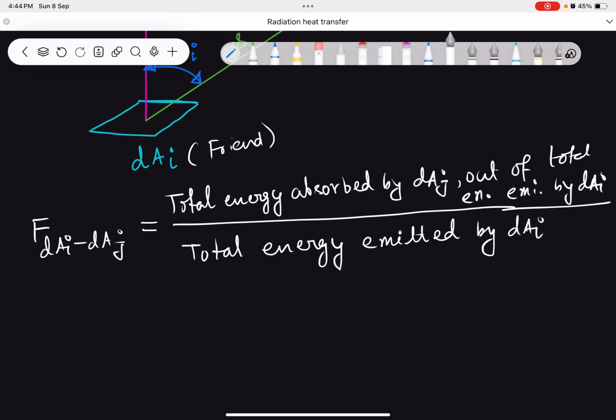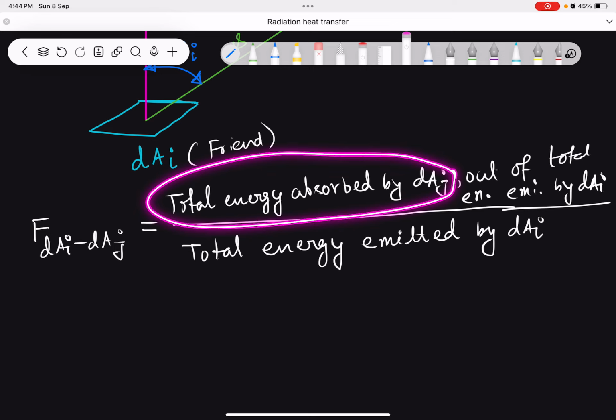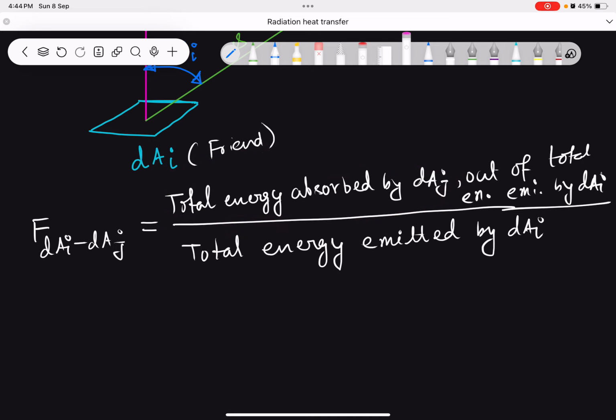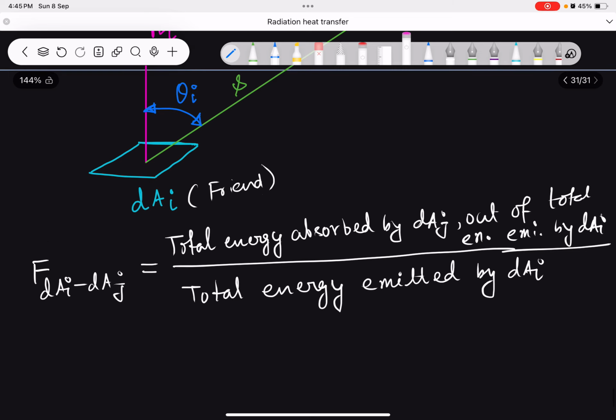Okay, so all these words are important. You cannot just write total energy absorbed by dAj, because dAj can absorb energy from any other source also. But when you are talking about the view factor F dAi dAj, then you have to take care of the absorbed energy by dAj, which is coming from dAi only. Okay, so if you are sitting here and here is your one friend and here is your another friend, so you are j and this is i, this is k.